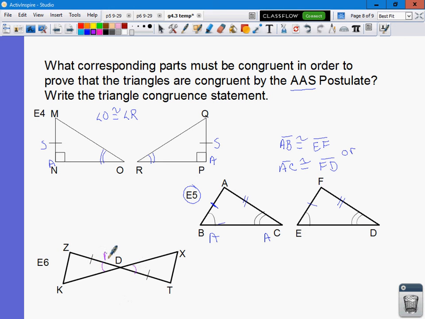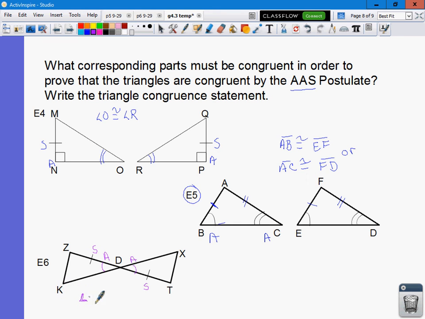Again, I have an angle and I have a side. I have an angle and I have a side. If I want to use angle, angle, side, what angle do I need in the picture that's on the left? Do I need Z or K?